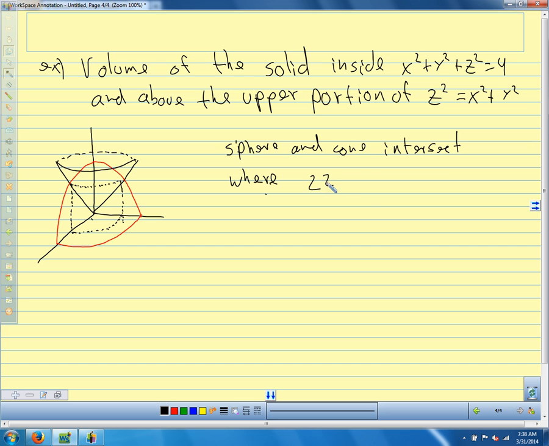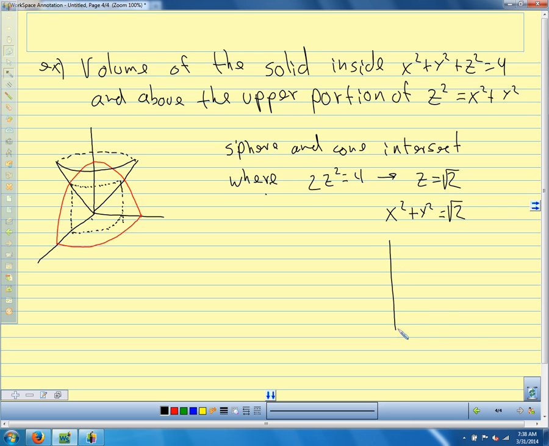So 2z squared equals 4. So that's telling me z equals 2. When z equals square root of 2, I get x squared plus y squared equals square root of 2. So this is our region in the xy plane.